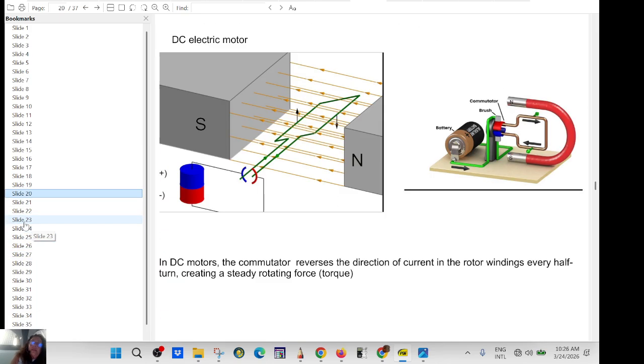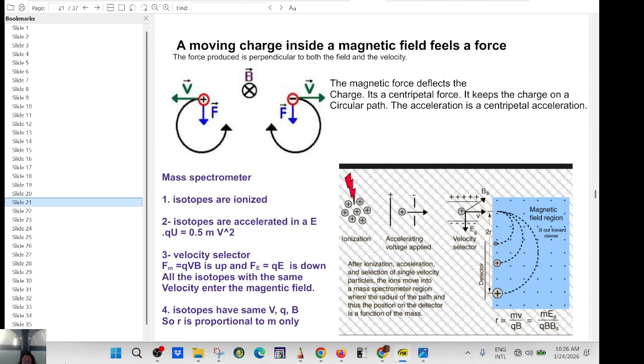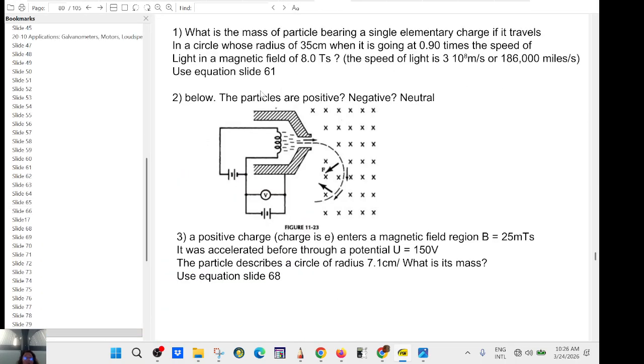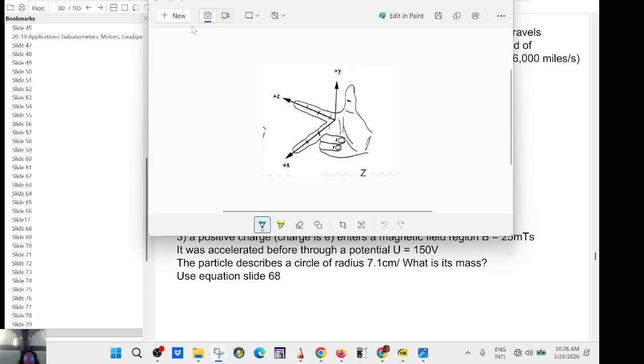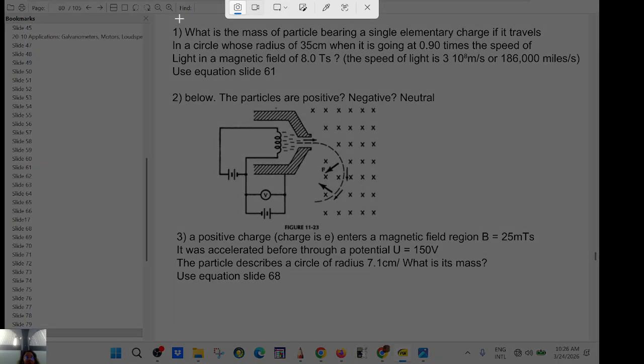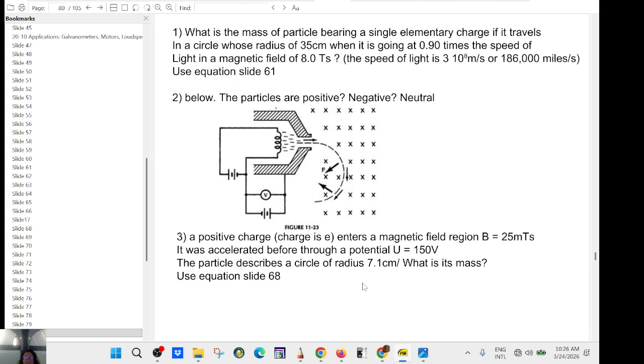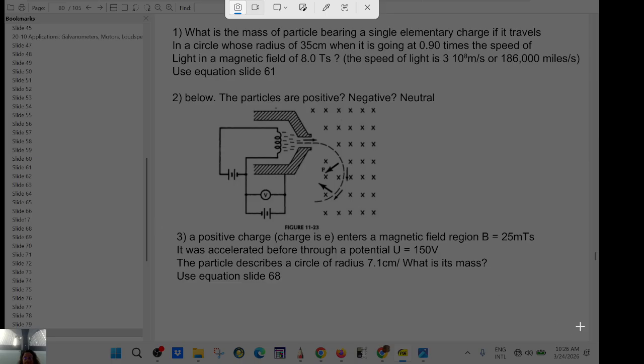Okay, let's do number 3. So make sure you drag all the equations into your equation sheet, okay? Because otherwise it's all over the place and you don't know what's going on anymore. So let's do number 3.